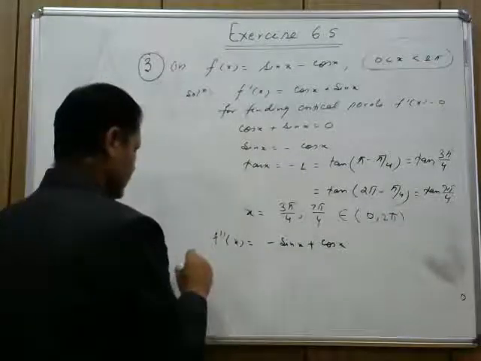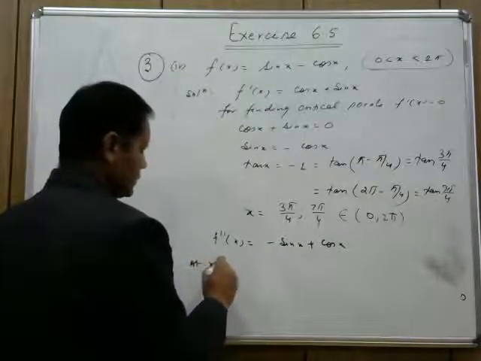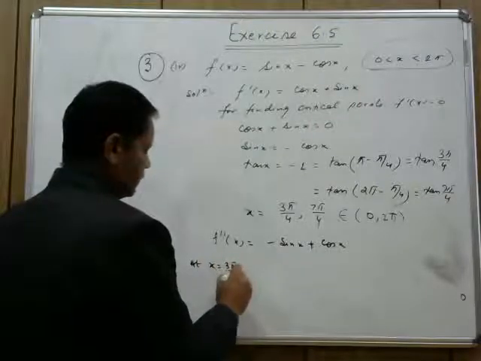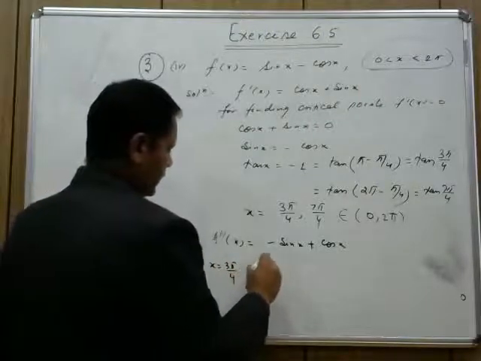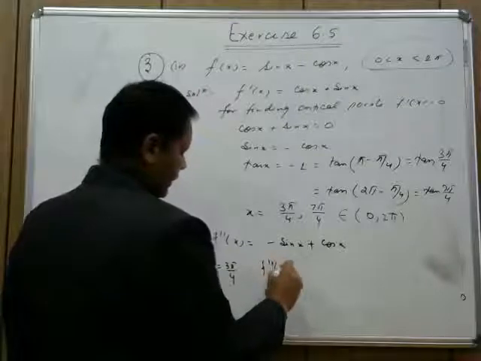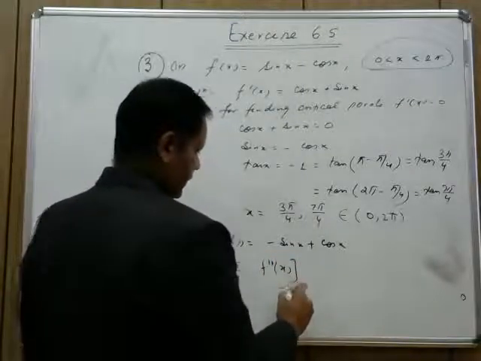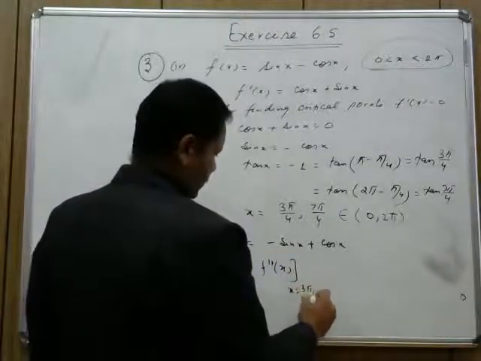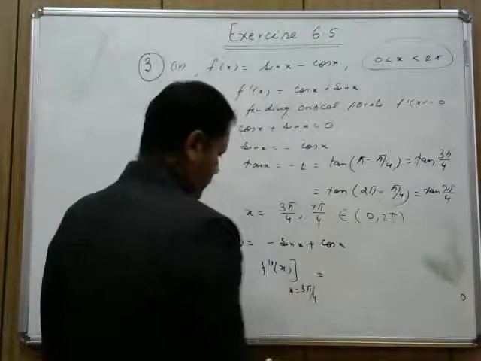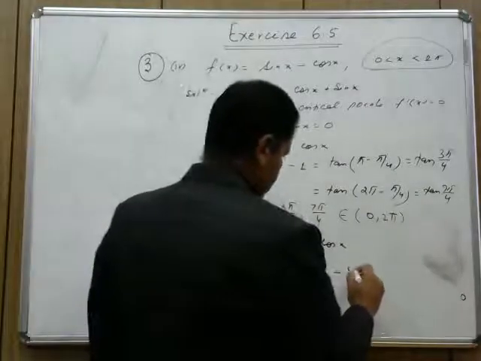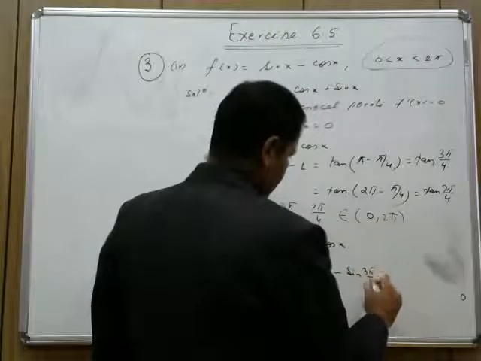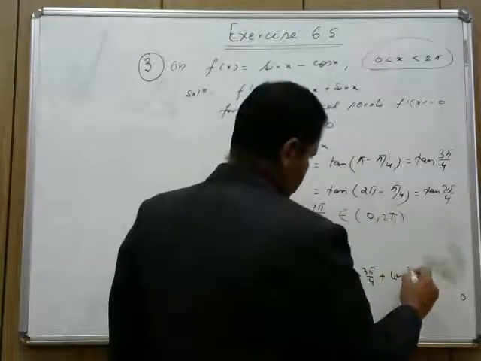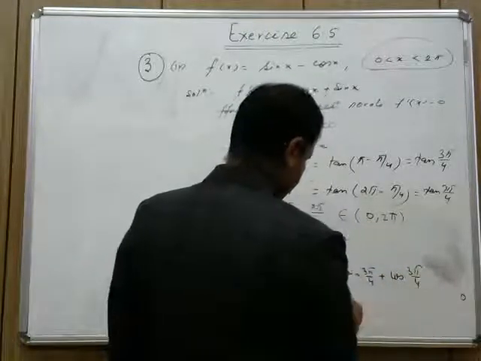Now we'll find out at x is equal to 3 pi by 4. We will find f double dash of x at x is equal to 3 pi by 4, and that is equal to minus sin 3 pi by 4 plus cos 3 pi by 4.